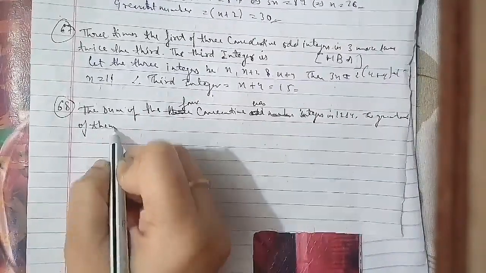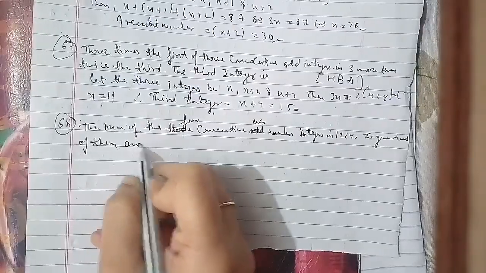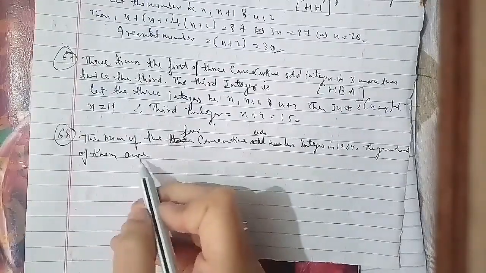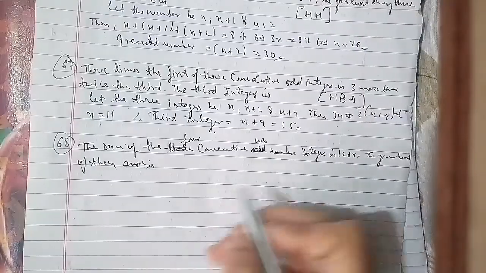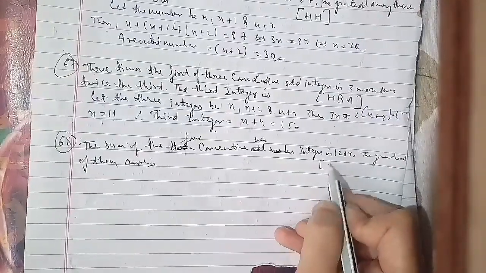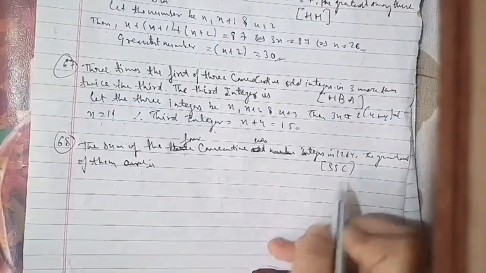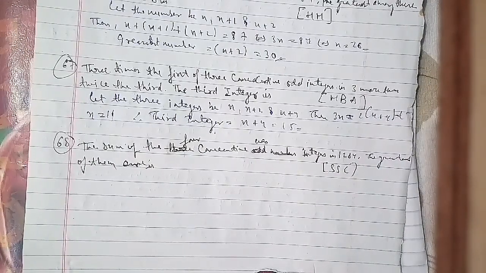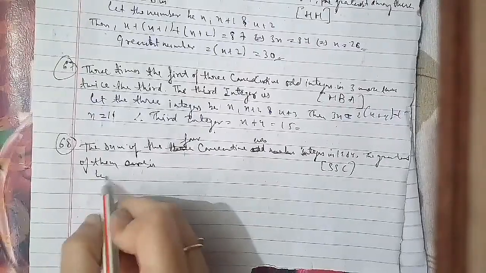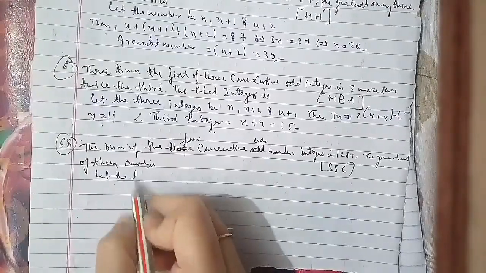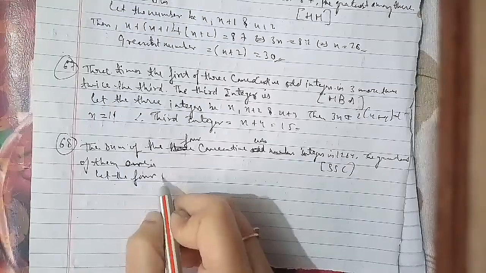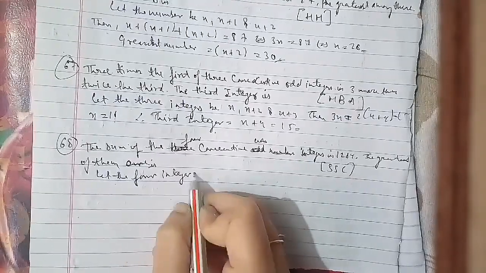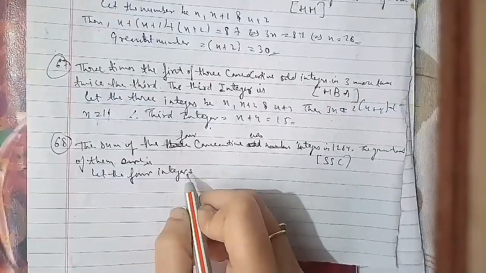Let the four integers be x, x plus 2, x plus 4 and x plus 6.